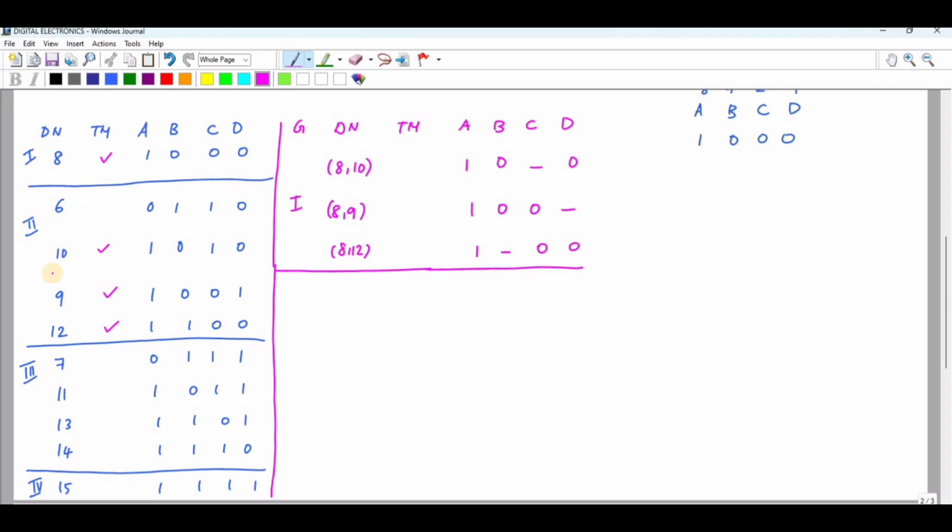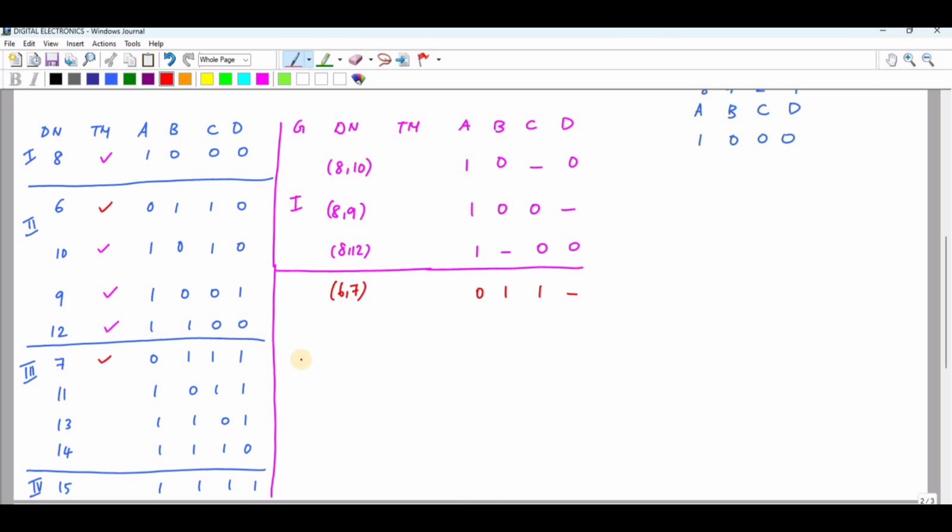Next, you have to group the second and third. Consider 6 and 7. If I consider 6 and 7, you can see only one bit change, that is in D. So you give a tick mark.